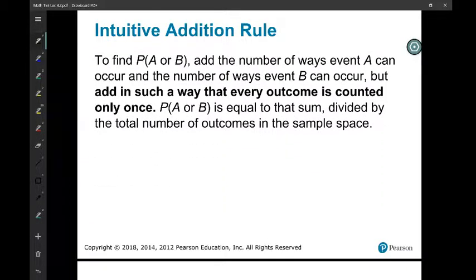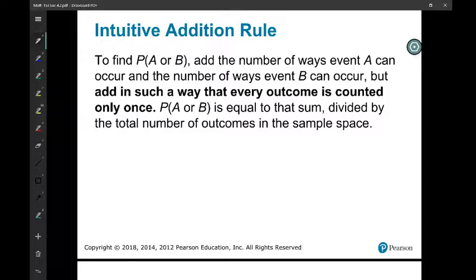The intuitive addition rule. So to find the probability of A or B, add the number of ways event A can occur and the number of ways event B can occur, but add in such a way that every outcome is counted only once.